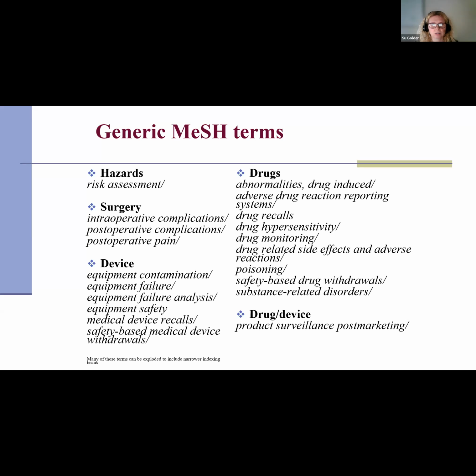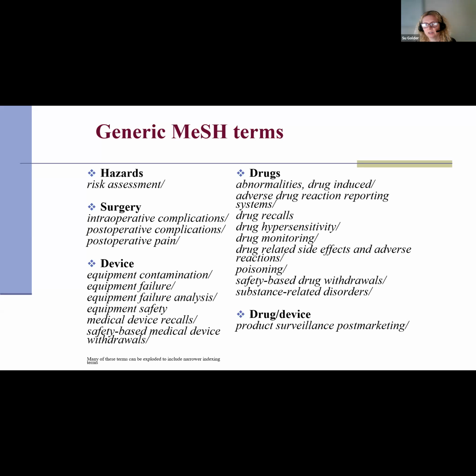So you've got your drug recalls, drug monitoring, drug-related side effects, safety-based drug withdrawal terms. Whereas for a device, it's very different indexing terms: equipment containment, equipment failure, equipment safety, etc., and medical device recalls.